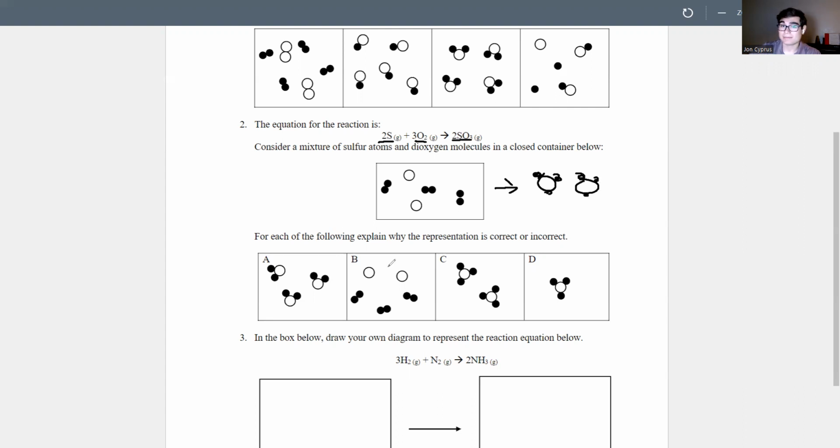So A has the correct molecule, so let's come back to that, see the others. B is not correct because they haven't even bonded. There was no reaction that even happened. C, the molecules are correct, so let's check that later. And then D, they're also correct.